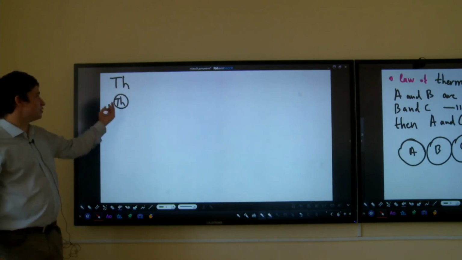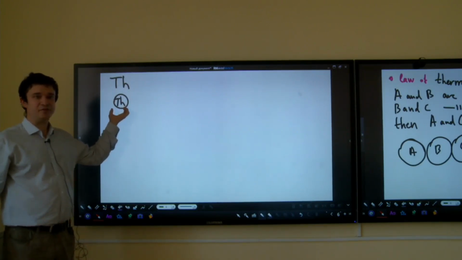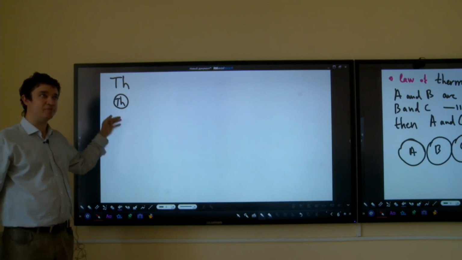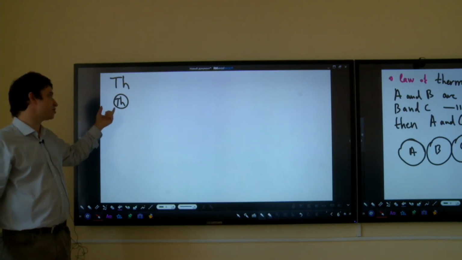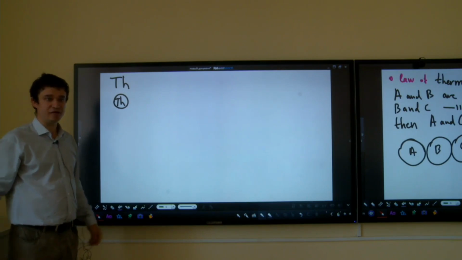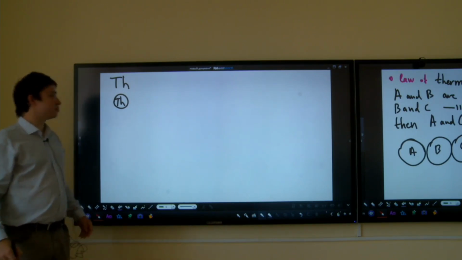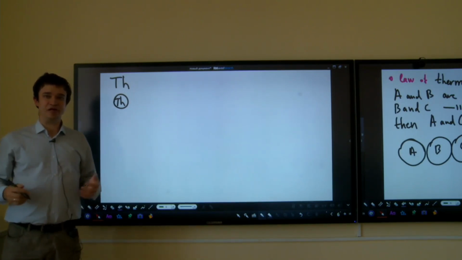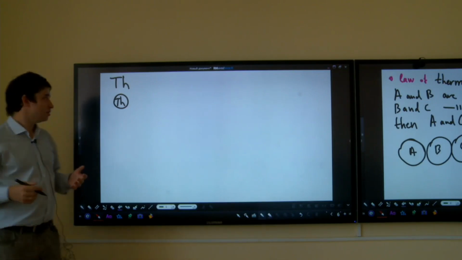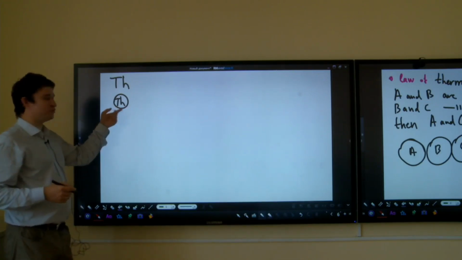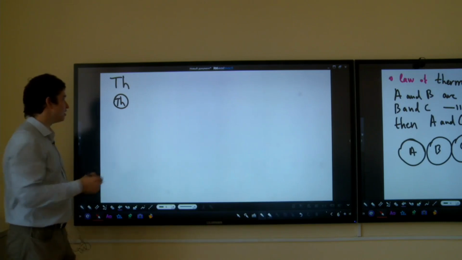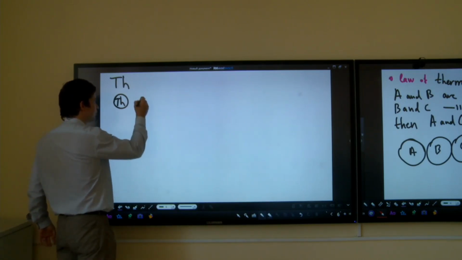And of course, a thermodynamic system can be described in its equilibrium by a number of variables, but I would like to pick the number of variables to only one. So let's say if this system, for example, is a gas, then I keep, for example, the pressure constant.